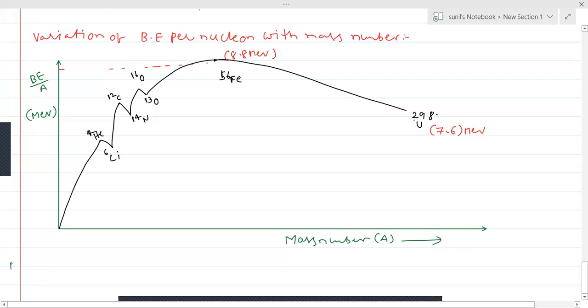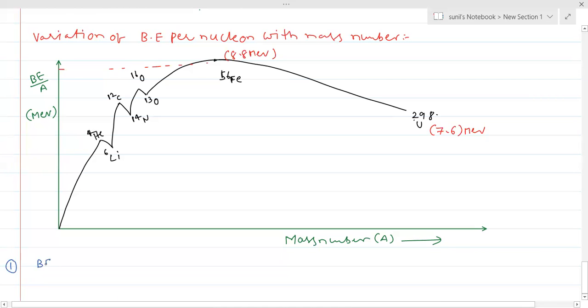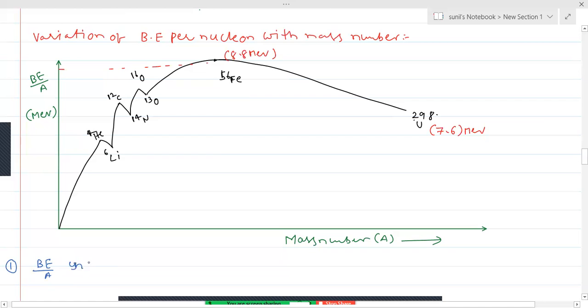The first point is that the binding energy per nucleon increases rapidly initially.